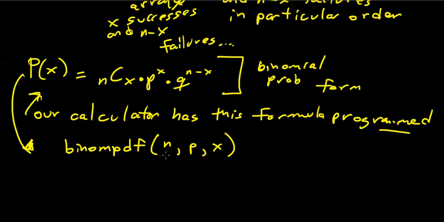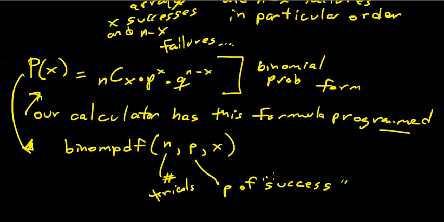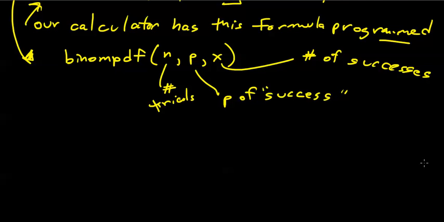You have to enter a number of trials, the probability of success in any one trial, and X, the number of successes you're looking for. Alright, let me show you how to get there on the keyboard. Let me get my calculator out to make sure I communicate this correctly.